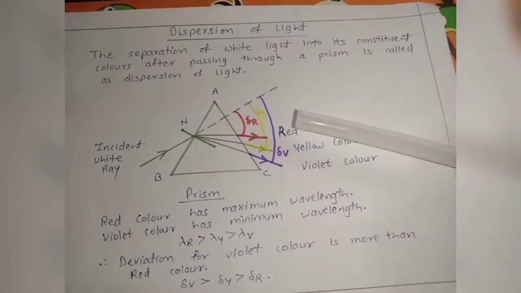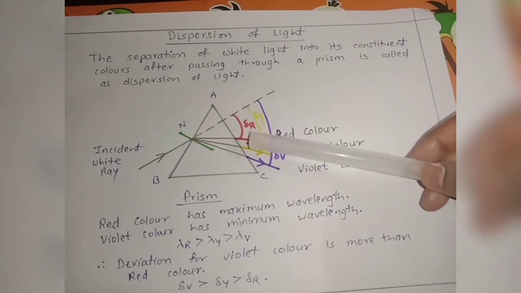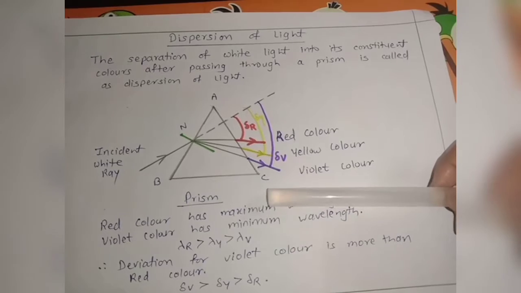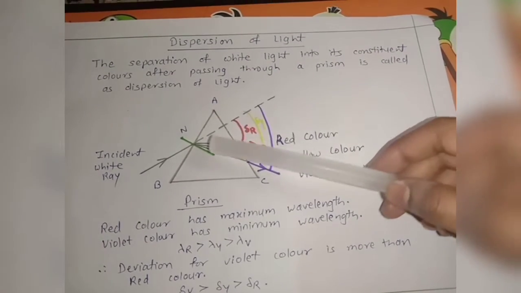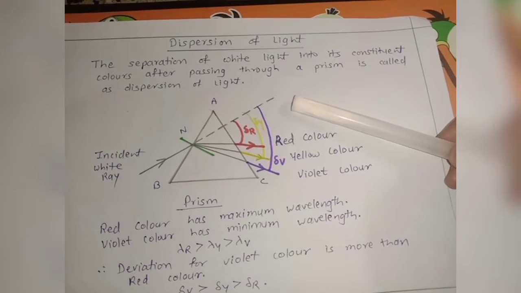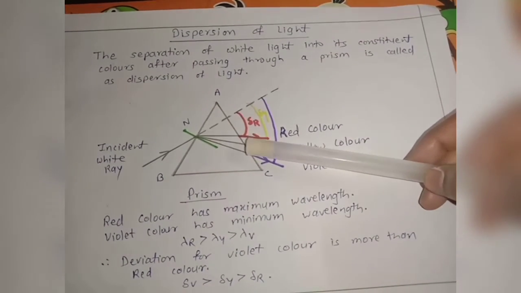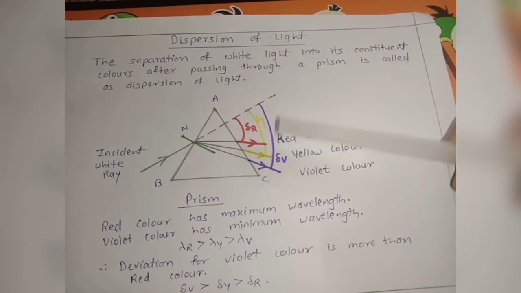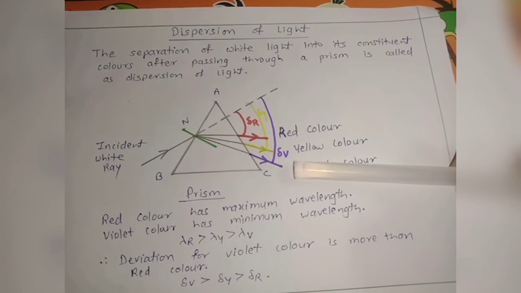In the diagram, you will find that delta r is smaller as compared to the other colors. This is the deviation from the original direction of incident light. Delta r denotes the angle of deviation for red, delta y for yellow, and delta v for violet.